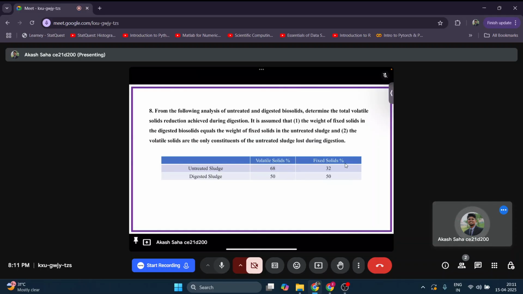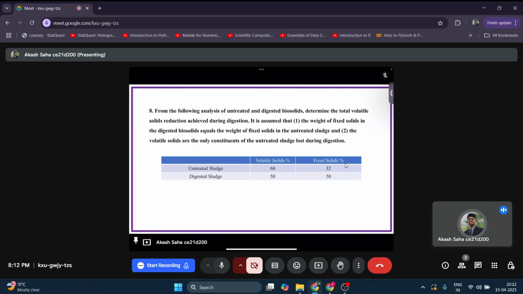So it says that from the following analysis of untreated and undigested biosolids, determine the total volatile solids reduction achieved during digestion. It is assumed that the weight of fixed solids in the digested biosolids equals the weight of fixed solids in the untreated sludge.